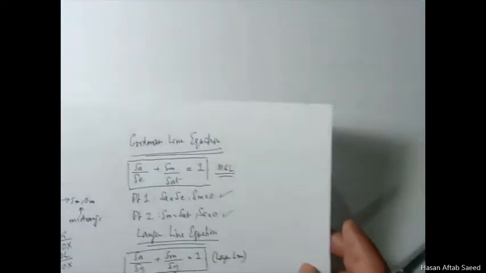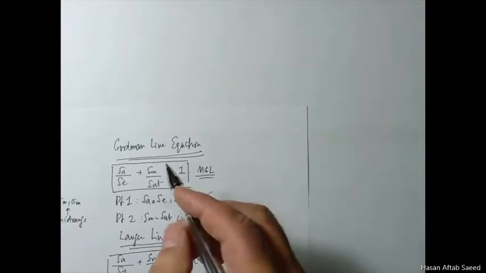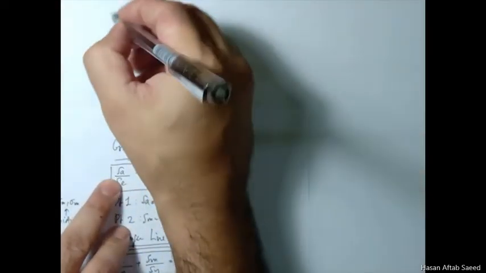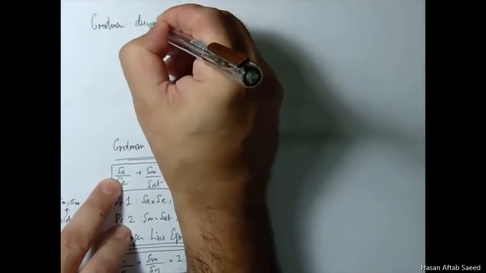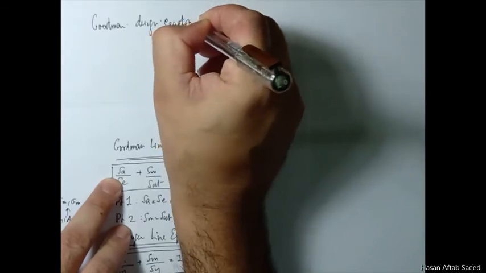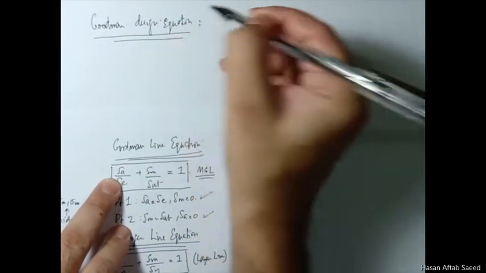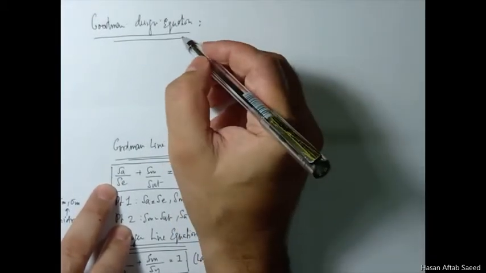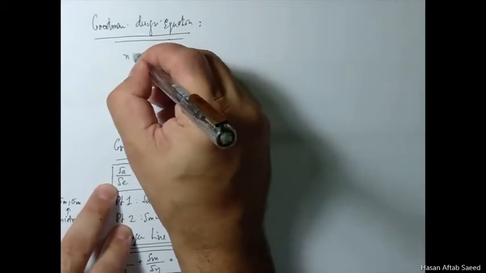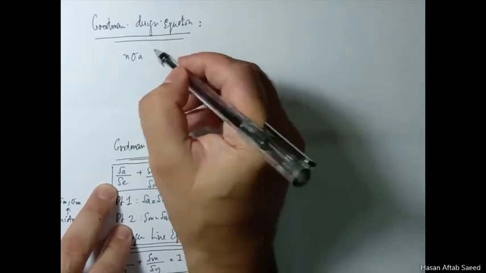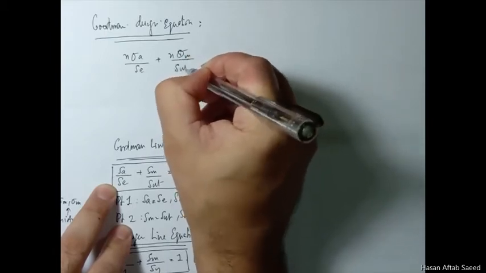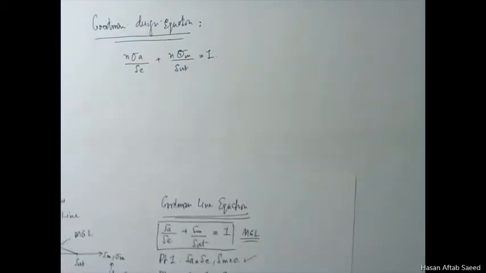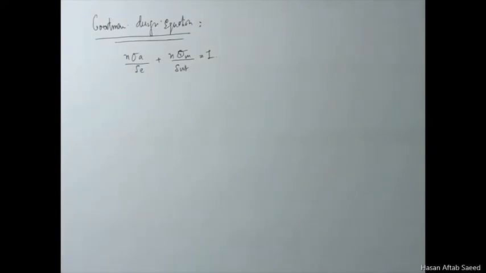So if we simply replace SA, if I'm talking about the Goodman design equation, because we are going to figure out what sort of factor of safety is there, we have just replaced with n sigma A over SE plus n sigma M over SUT is equal to 1. This is the shape that the Goodman line takes.